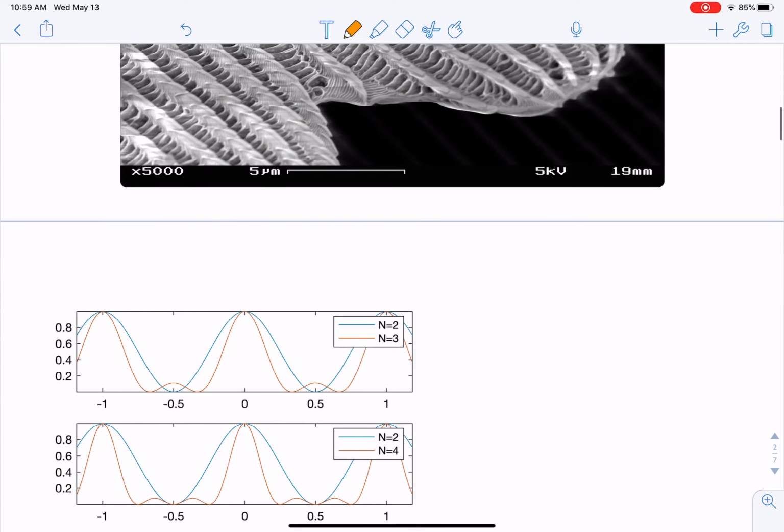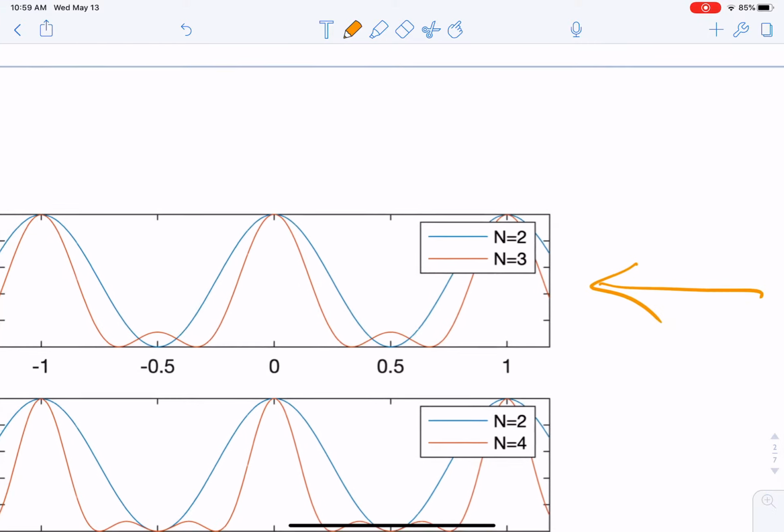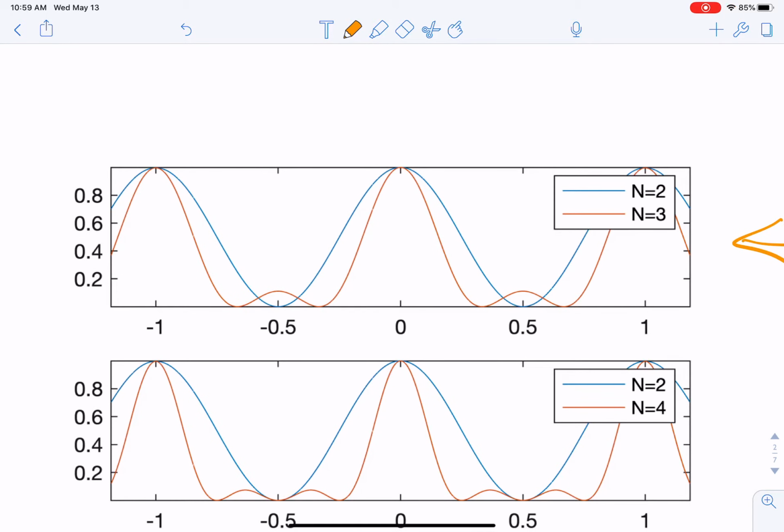So this is the one we already did, the n equals 2 case in blue. So that's when there's just 2 reflections. The red line here is 3. Okay, so this is the interesting part: I'm not changing the distance between the ridges.